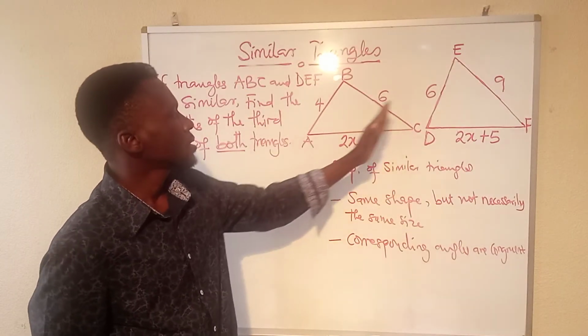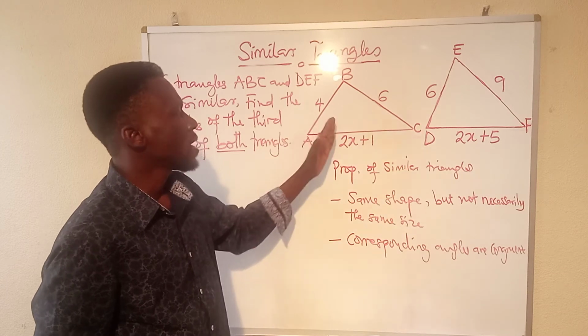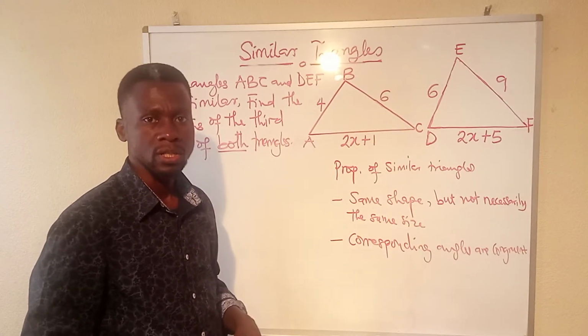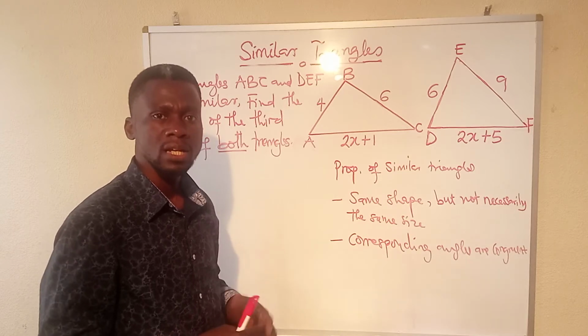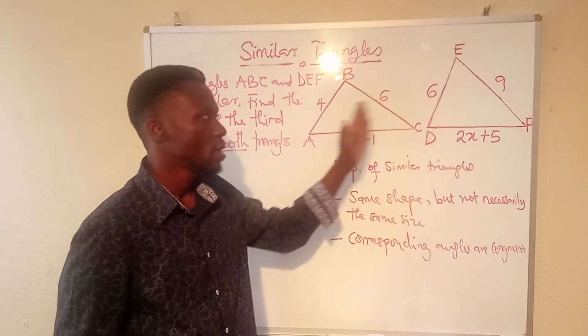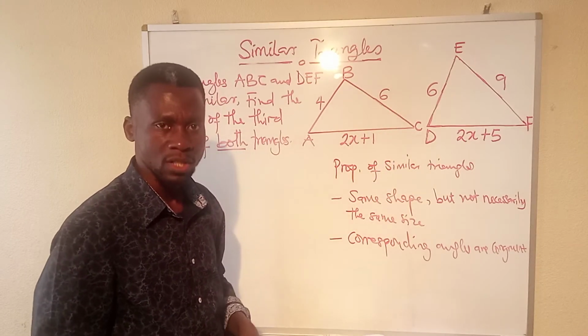But these triangles, we are not defining them to be similar in terms of angles. We are defining them to be similar in terms of their sides or lengths, because we are given their lengths and not their angles.